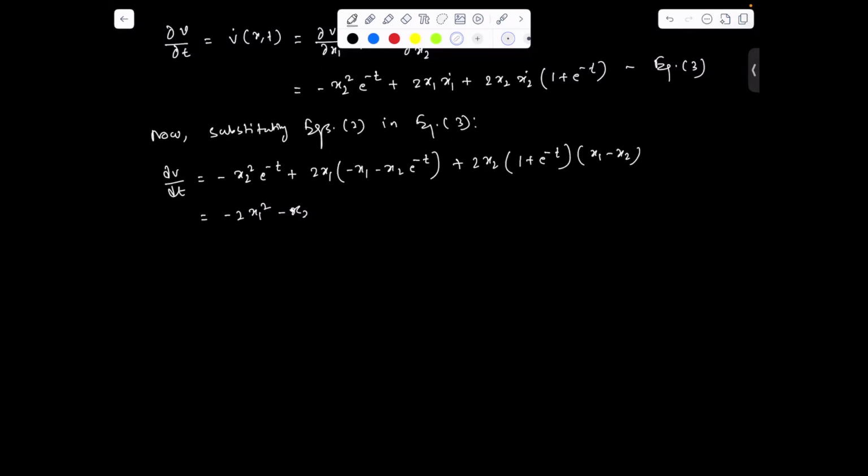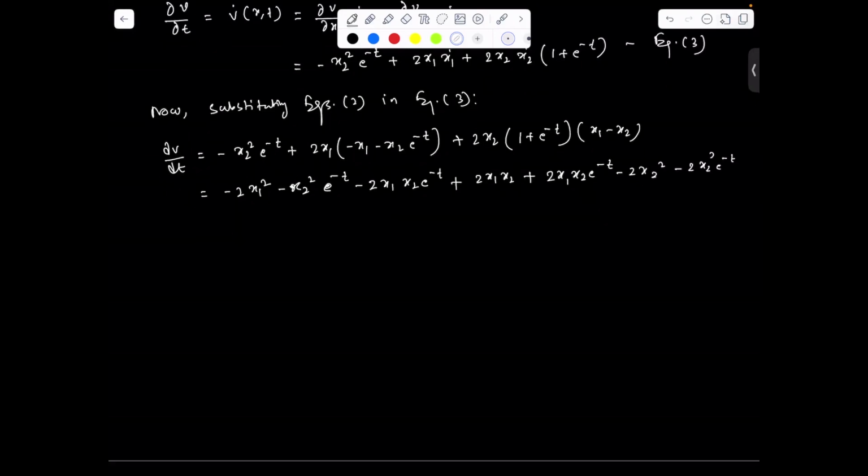minus x2 square e to the minus t minus 2 x1 x2 e to the power minus t plus 2 x1 x2 plus 2 x1 x2 e to the minus t minus 2 x2 square and minus 2 x2 square e to the minus t.